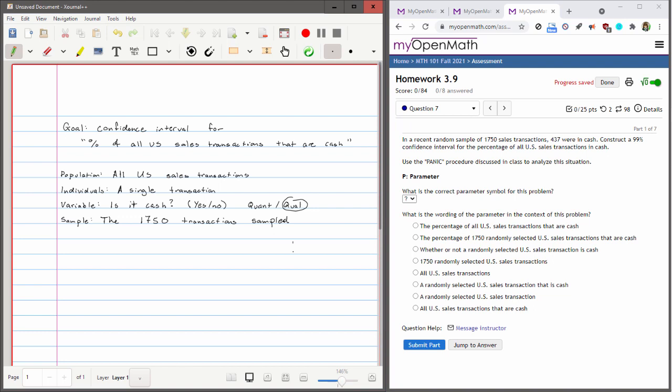Okay, so that's the big picture of what's happening in this problem. We can now think about what the parameter is. The parameter is the property of the population we want to study.